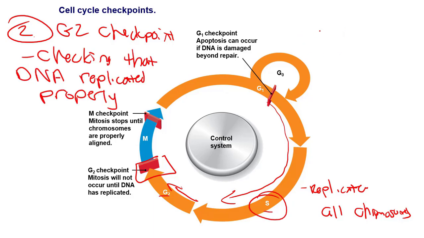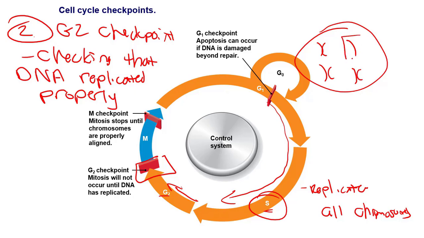So what that means is, let's say the cell is getting ready to go to mitosis, and you have 46 chromosomes, but during the S phase, all the chromosomes got replicated. So now there's a copy of all the chromosomes. But let's say one of the chromosomes didn't replicate itself, or multiple chromosomes didn't. This would be a problem because the new offspring wouldn't have the proper number of chromosomes.